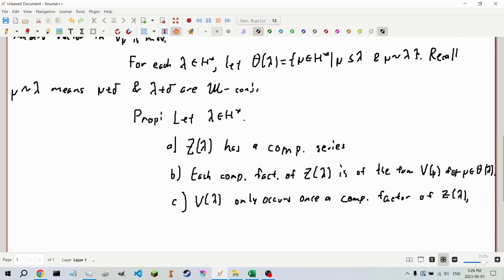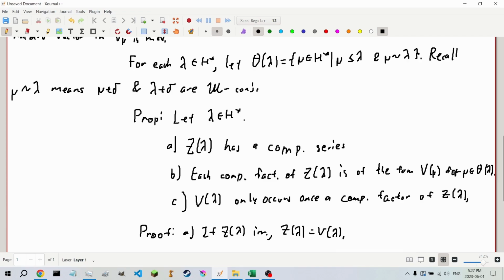The proof for part A: if Z lambda is irreducible, then Z lambda is V lambda, and we're done.